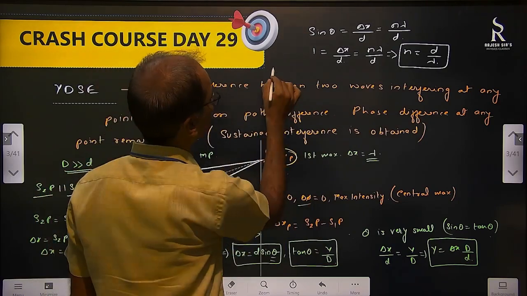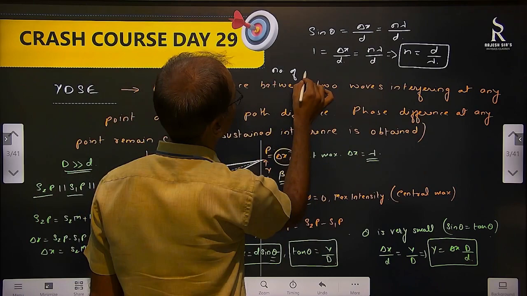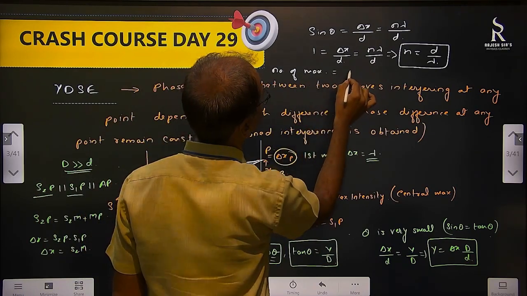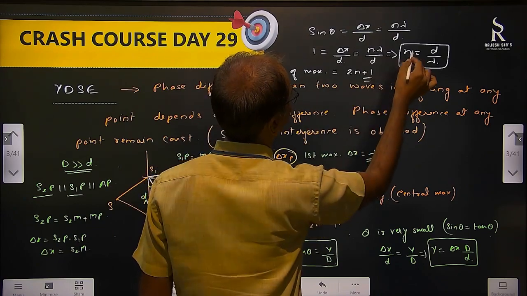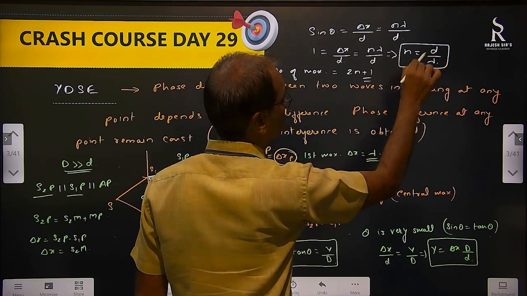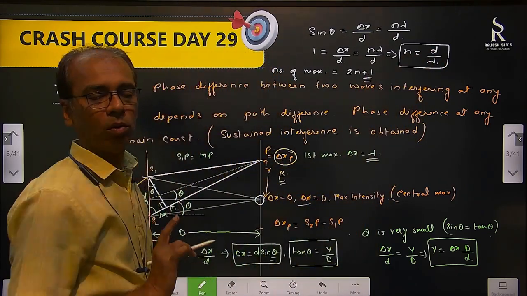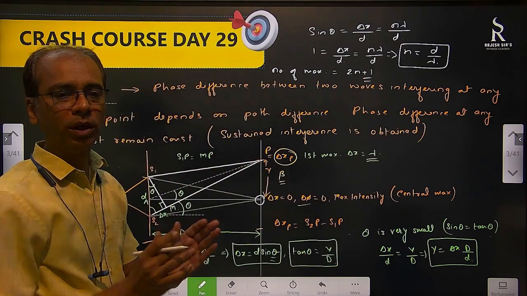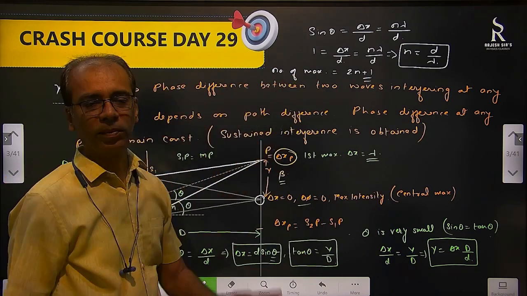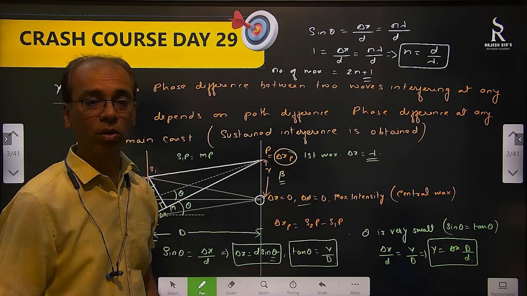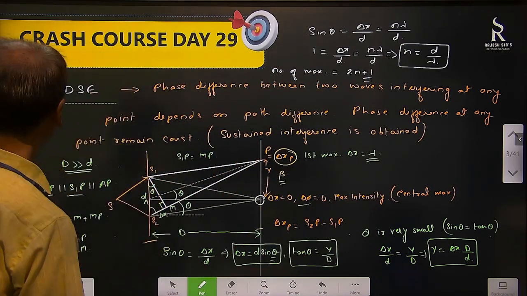But remember, if this comes out in fraction, you have to take the whole number. You are not going to take the fraction. Understood? So these are the total number of maximum intensities that we are going to obtain on the screen.